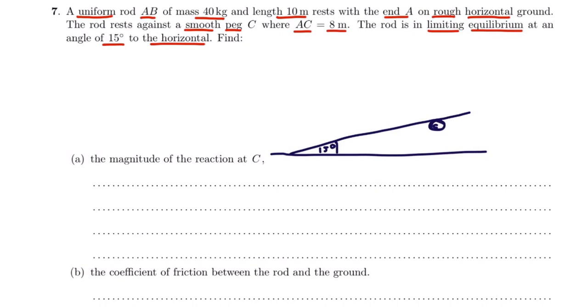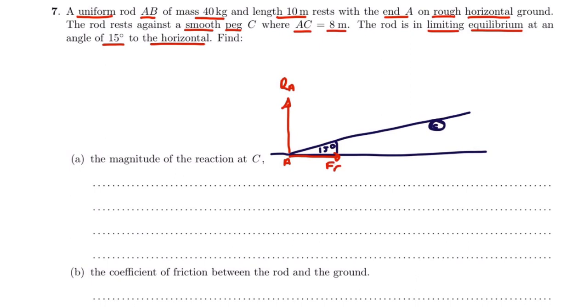Now we're going to put all our forces on. I'm going to do those in red. At the end of the rod that's resting on the ground, we're going to have a normal reaction, which I'll call RA. The other force at A is friction. If the rod is going to slip, it will slip to the left, and therefore friction must be acting to the right.